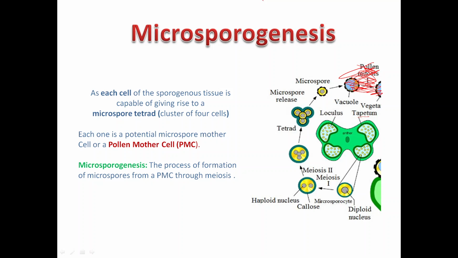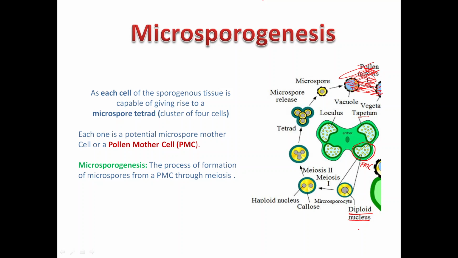So here you can see this is the transverse section of the anther, and here you can see 4 thecae. Let me look into one theca, and here you have the sporogenous tissue, and inside one cell, that's the pollen mother cell. It's in diploid stage.